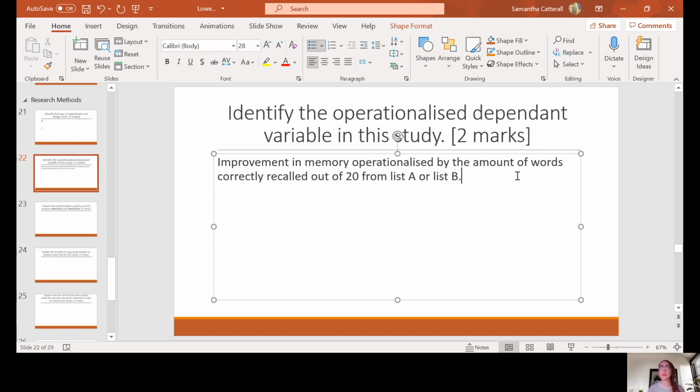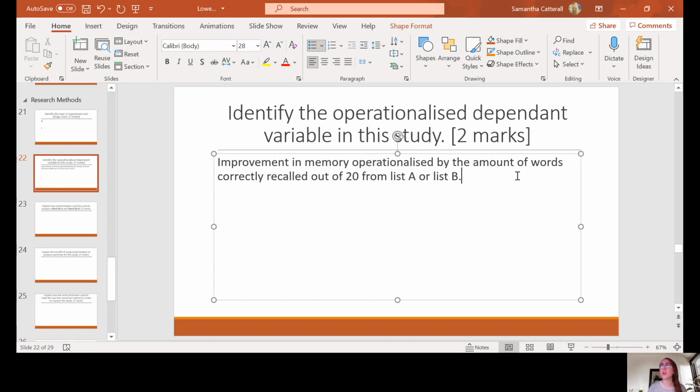But if I do it in a completely different way, I won't be able to check the reliability of those findings and see if they're consistent. But if I do it in the exact same way that they've done it, then I can see whether or not we'll get those results again, and then we can determine whether or not these results about memory are reliable, and therefore implies that perhaps that is how memory works and how memory can be improved. But if I don't know how it's operationalised, I can't do that.